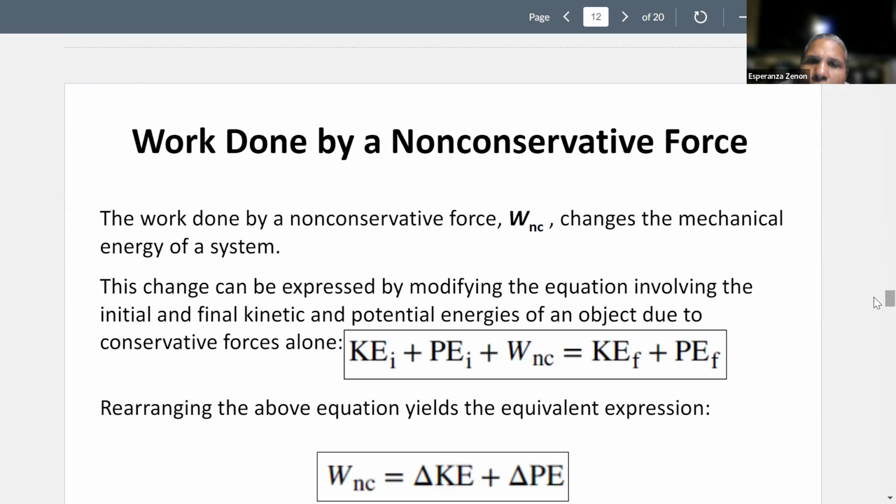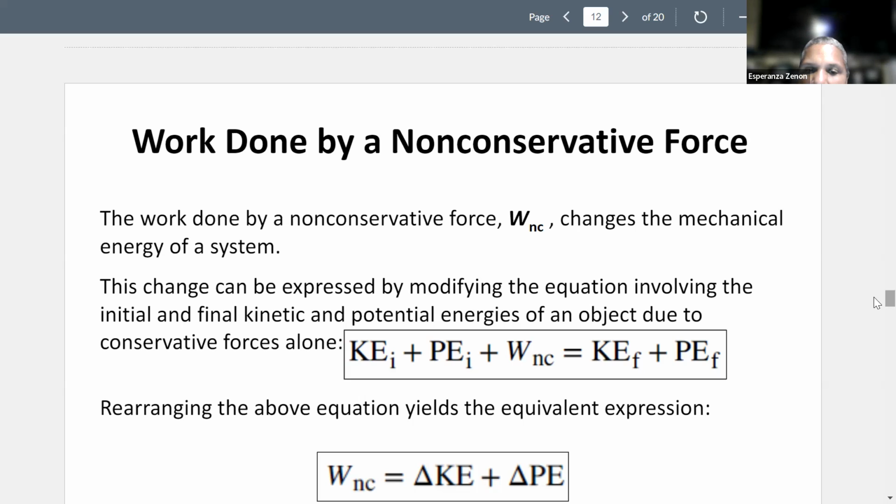So if we're going to maintain this idea of using the law of conservation of energy, but we want to include our non-conservative forces, we have to come up with a way to determine that non-conservative work because we can't measure it directly. We can't measure the work done by friction directly. So we measure it by looking at those energies that are modified because of it, okay?